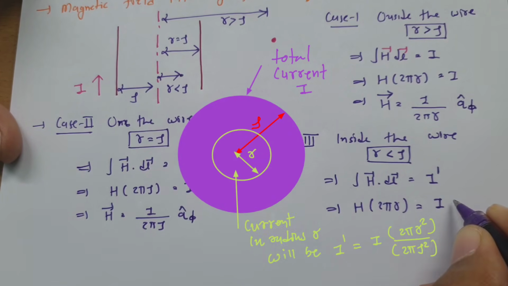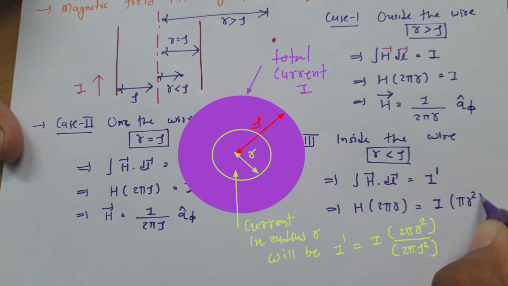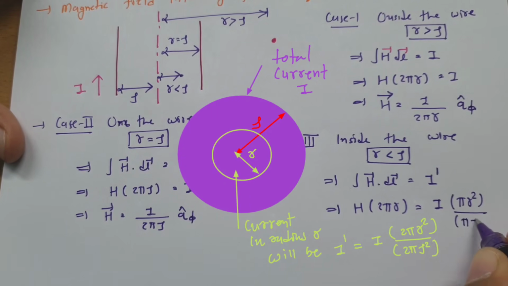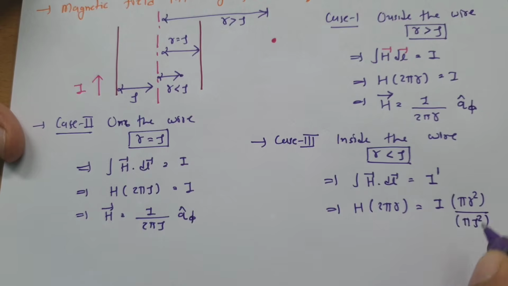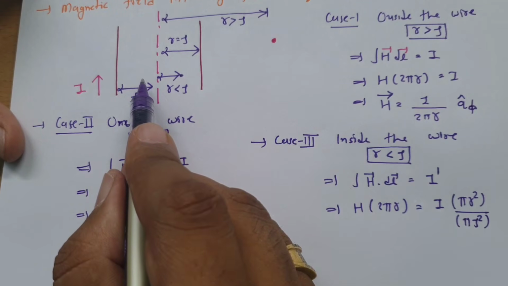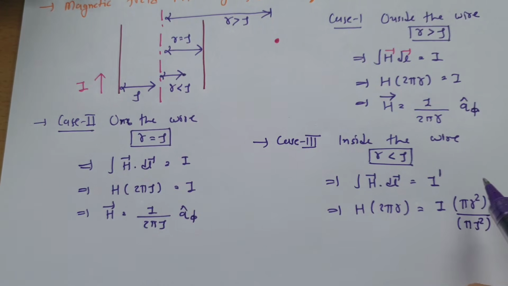So total current into the area of this radius r, that is pi r square, divided by pi rho square. This is how we can find the current passing through radius r, that is I dash.